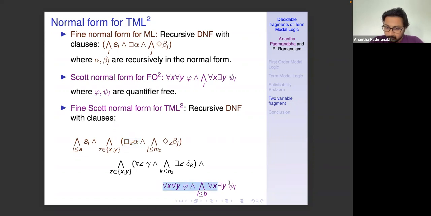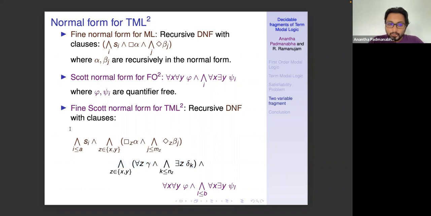And then we have for all x, for all y phi, and some finitely many for all x there exists y psi, right? And this part says when x is quantified and y is free, then we would have for all x gamma and some finitely many there exists x delta. And similarly, we have for all y gamma and some finitely many there exists y delta, right?